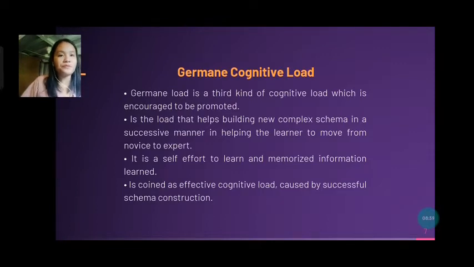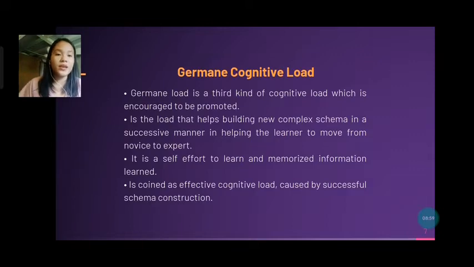The next and last type of cognitive load is the germane cognitive load. Germane load is the third kind of cognitive load, which is encouraged to be promoted. Encouraging learners.